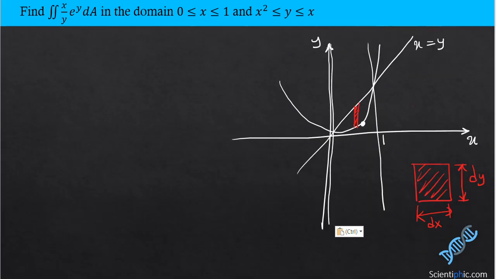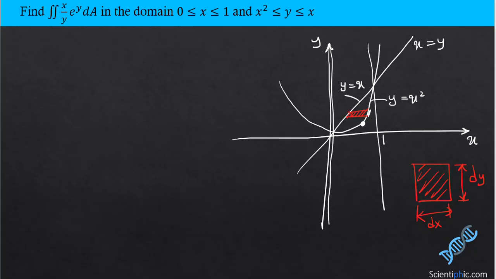If, instead of having a vertical stripe, I have a horizontal stripe, I see that on the right side y is equal to x squared, and on the left side of the stripe y is equal to x. The x value of all the points in this stripe has to be less than the x value of the right side.